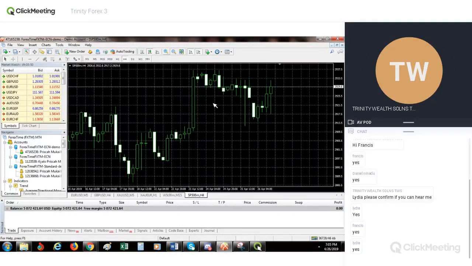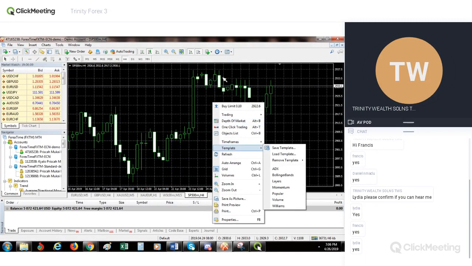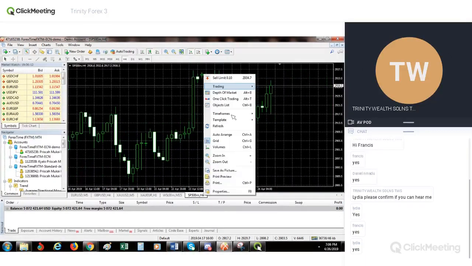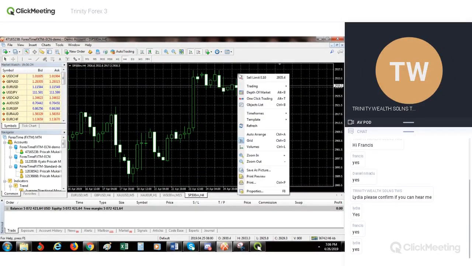To change anything, you right click anywhere on the screen, go to the very bottom, properties.